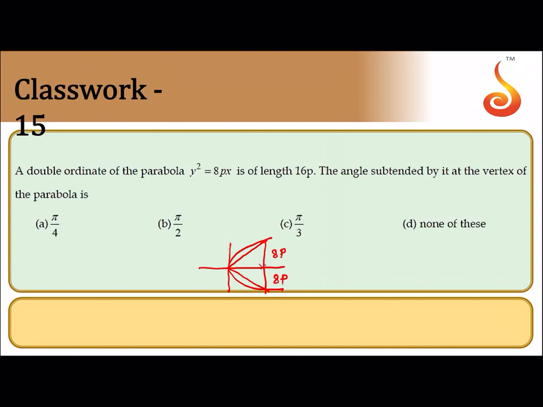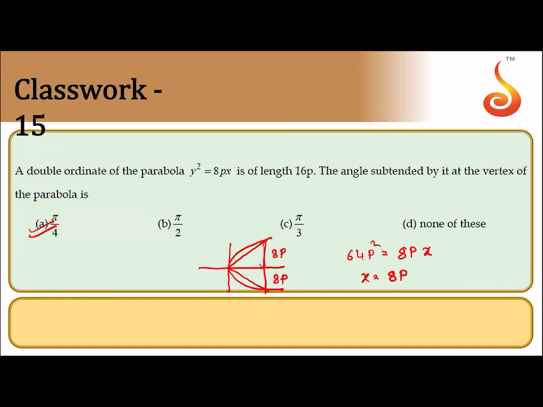Now the length is 8p, so if I substitute this length equal to 8p, it means the y value is 8p. So 8 8s are 64, p square is equal to 8px. So x is equal to how much do we get? x is equal to 8p.